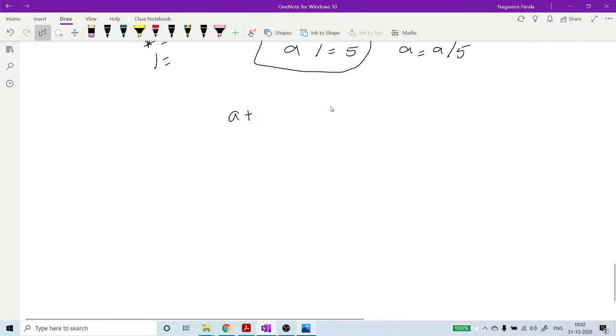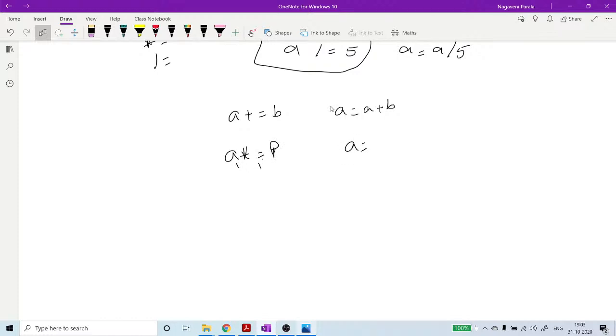Suppose a plus equal to b. Its meaning is a equal to a plus b. Suppose somebody has written a star equal to p. Its meaning is a equal to a star p, right?